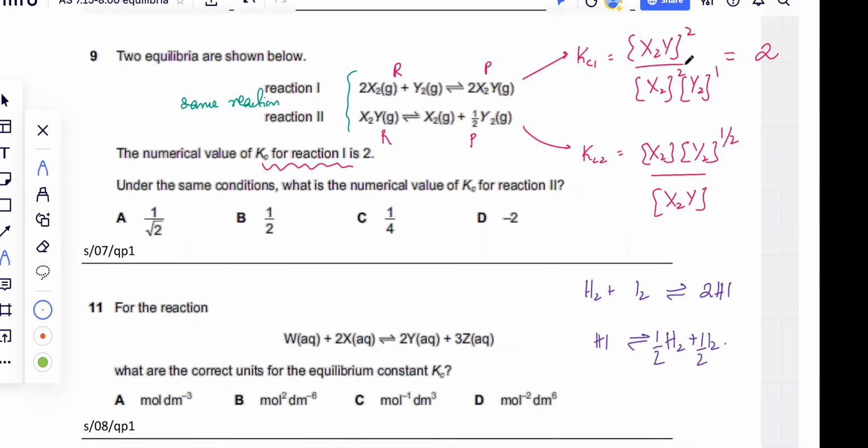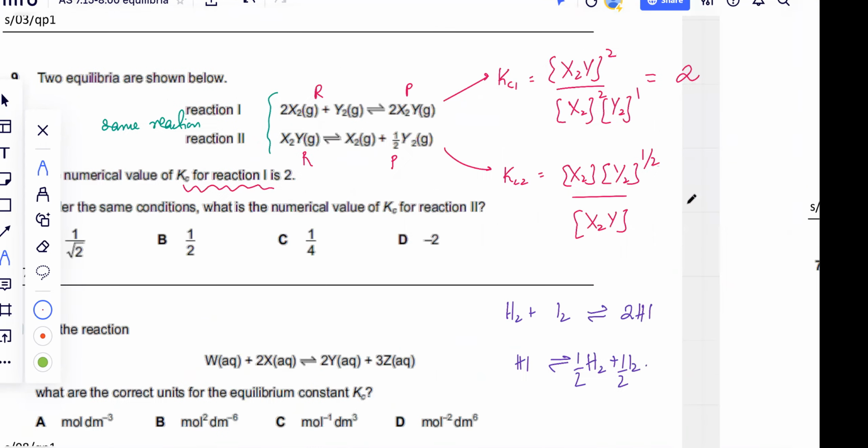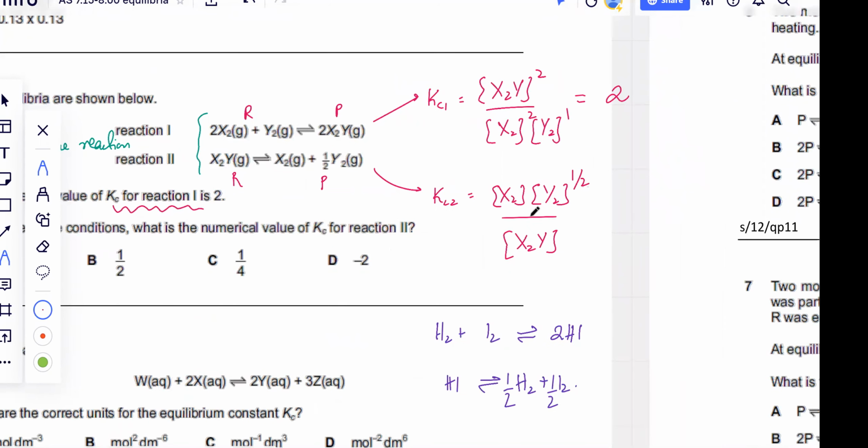By just matching these two, can anyone tell me what the value for Kc2 is by looking at this expression? What has to be done to convert this into this expression? The first thing is that X2Y is at the top over here in the numerator, and X2Y is at the bottom over here. Is this clear? So everything is switched around. I want to convert this expression into this expression.